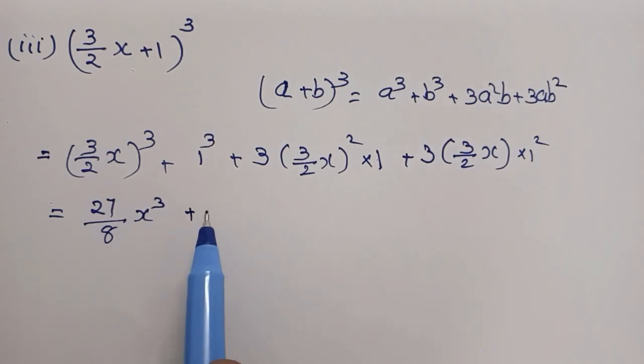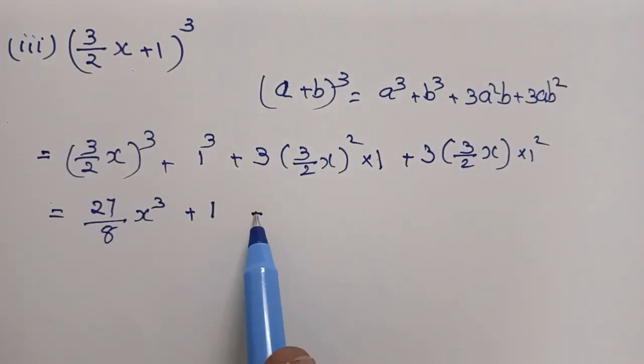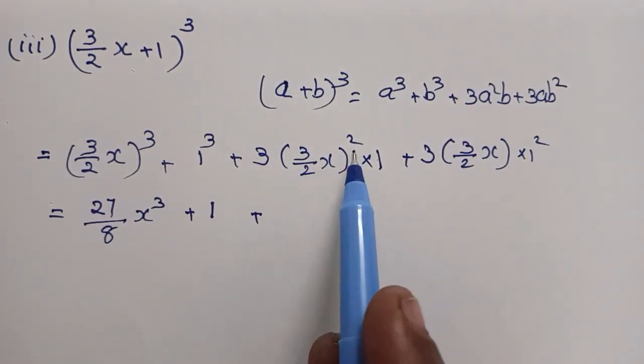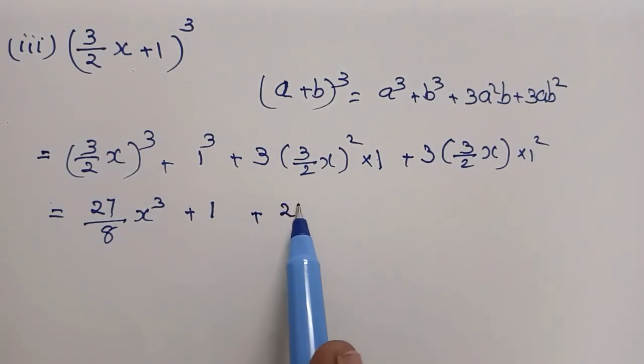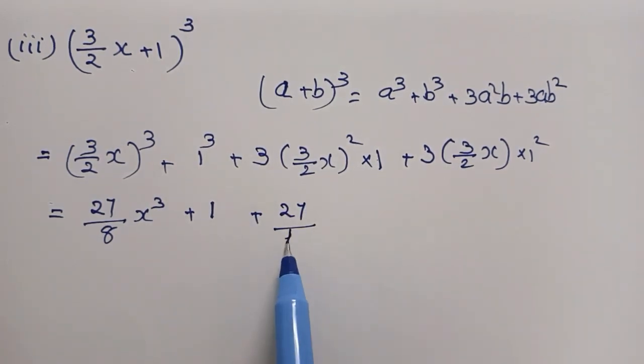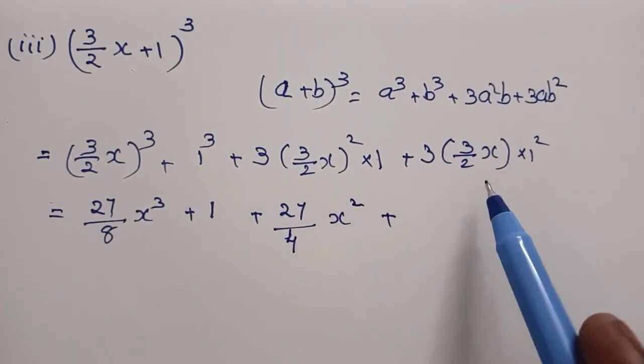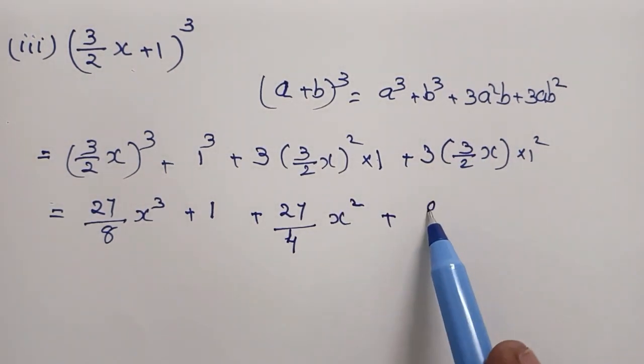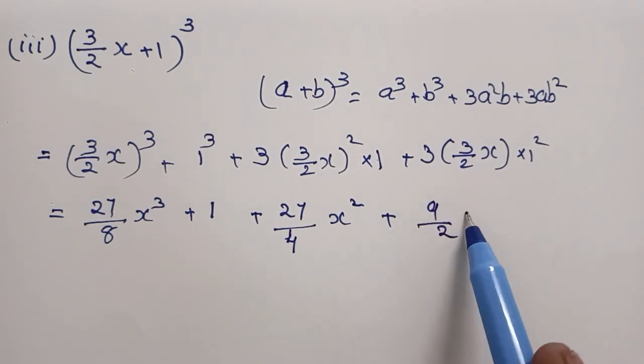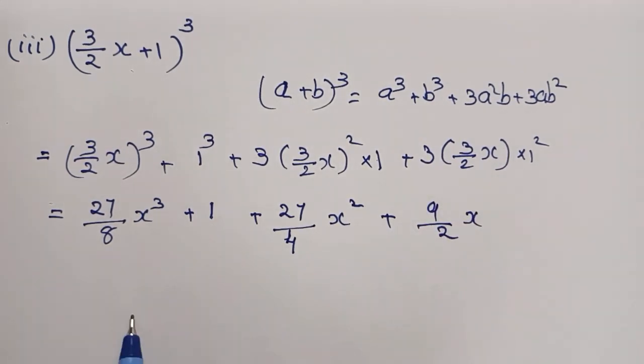Okay, plus 1³ is 1, plus here 3² is 9, 9 3s are 27 by 2² is 4, 27/(4x²), plus 3 into 3 is 9/(2x) into 1², it is 1, 9/(2x). Okay.